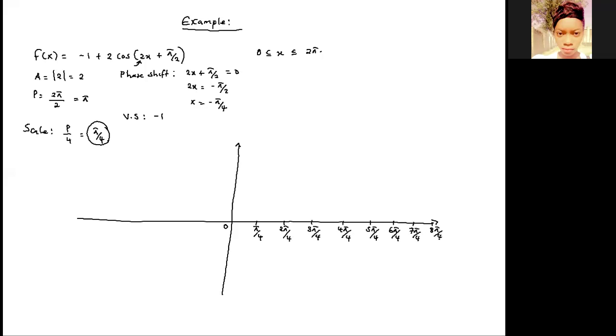Where I have 2 pi over 4, I can say it's just pi over 2. Where I have 4 pi over 4, it's just pi. Again, where I have 6 pi over 4, that is just 3 pi over 2. Where I have 8 pi over 4, that's just 2 pi, like that.